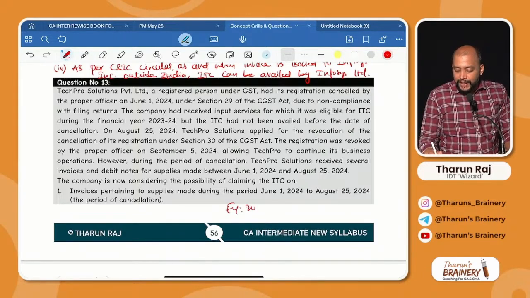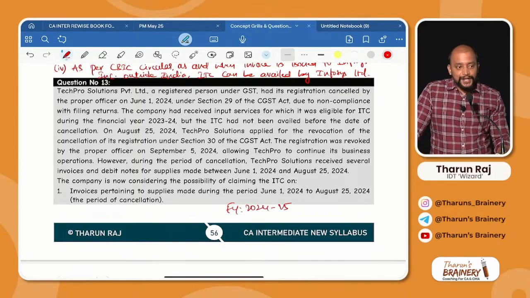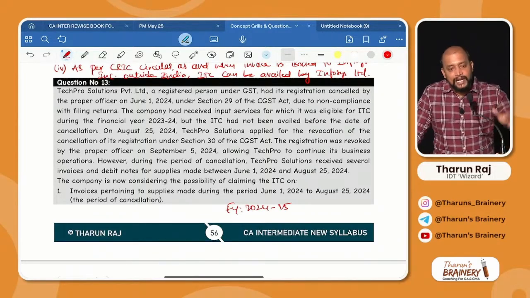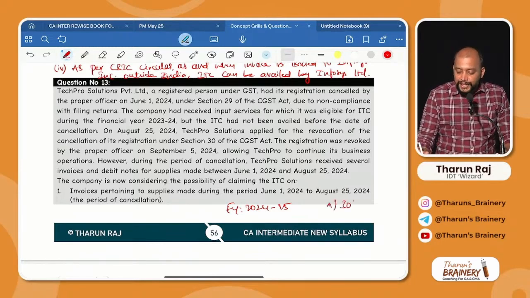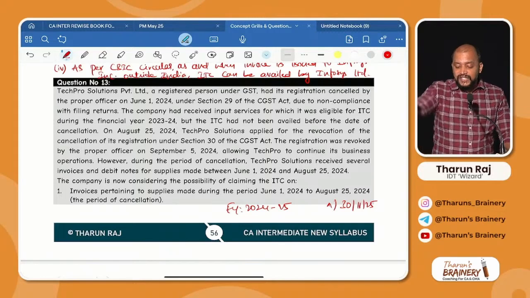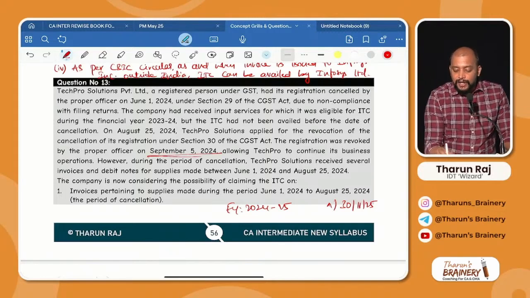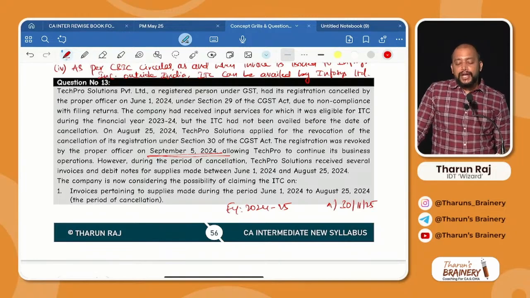Financial year 24-25. For financial year 24-25, what is the time limit for availment of ITC? The regular time limit is 30th November 2025, correct? Or what is 30 days from the revocation order?